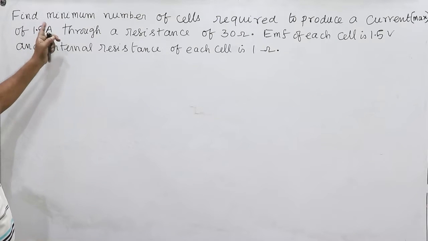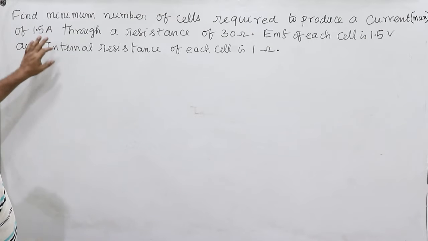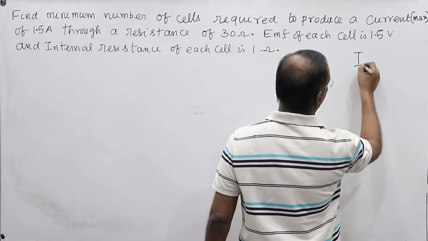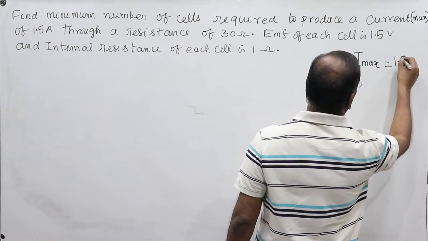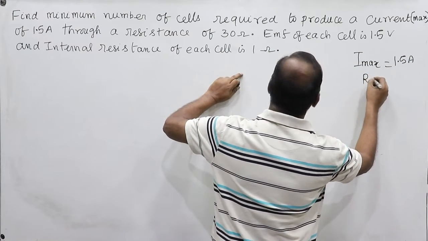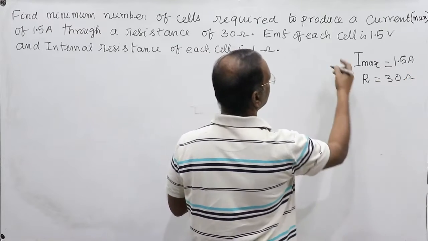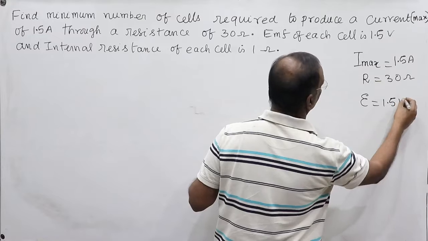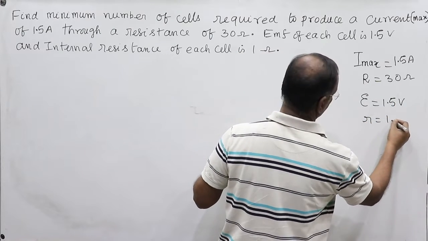In this numerical, we find the minimum number of cells required to produce a maximum current of 1.5 ampere through an external resistance of 30 ohm. The EMF of a single cell is 1.5 volt and the internal resistance is 1 ohm.